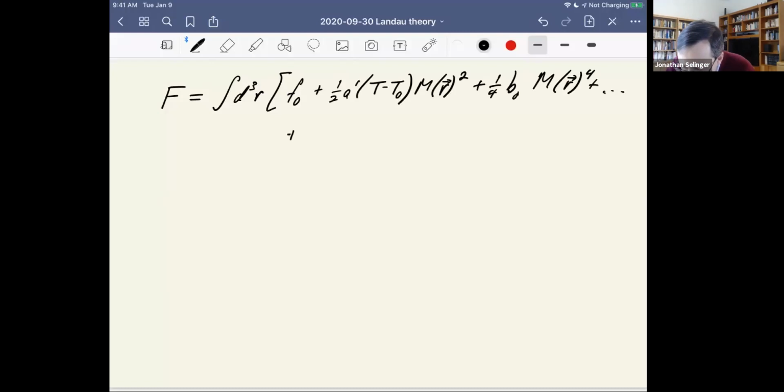And then there could be this extra thing, the gradient term, 1/2 k times the gradient of m quantity squared.